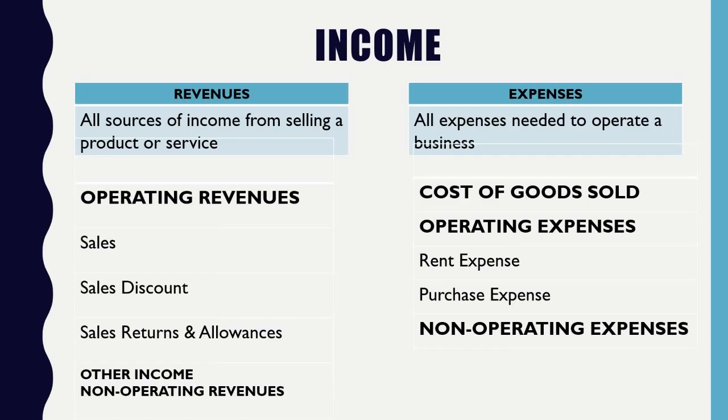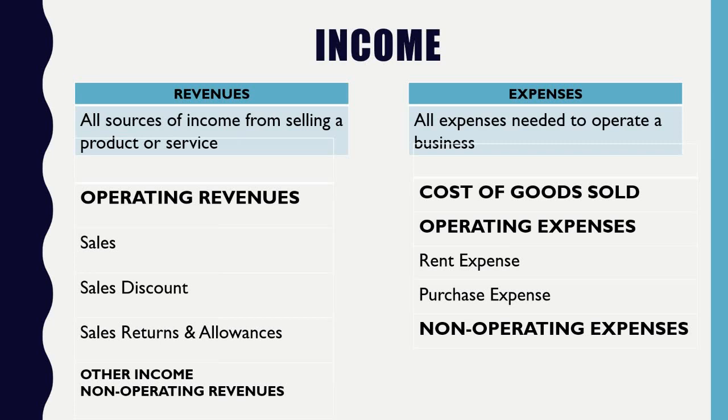No. Okay. So now we're going to talk about income. What is income? In accounting, income and revenues usually are words you can use interchangeably, because income is a way that we generate revenue, or what we pull in to the company.